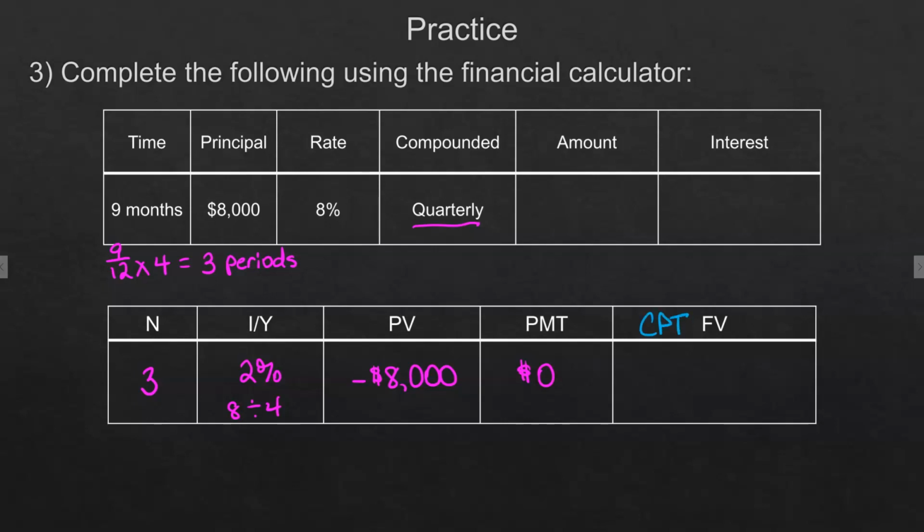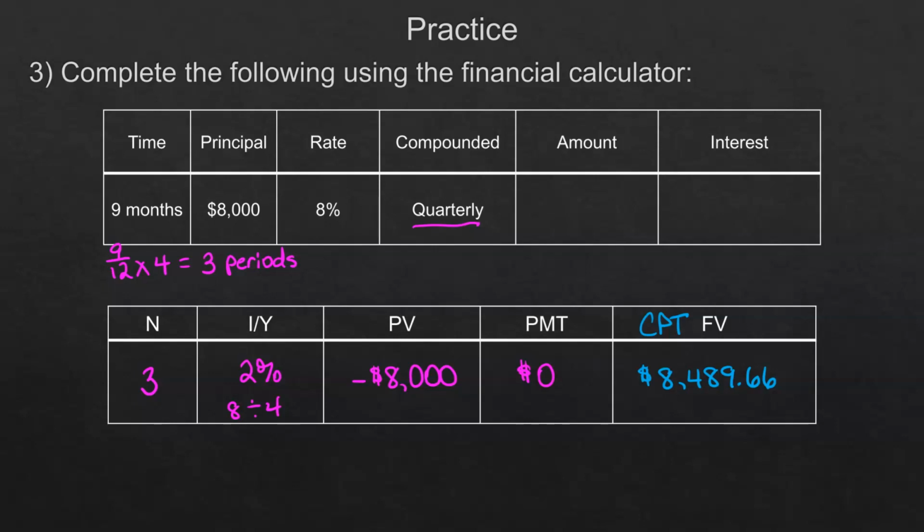So get this all on your calculator and then push compute future value. Pause right here so you can give yourself a chance to do this. And then we can write our future value, which is 8,489.66. So it grew from $8,000 to $8,489.66 in 9 months, which is nice.